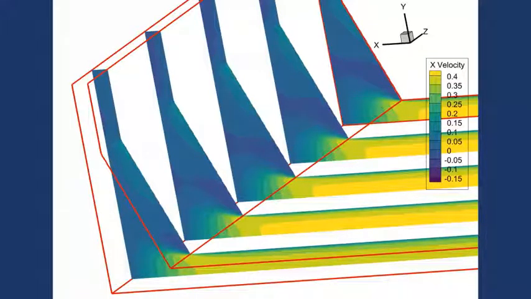So here we can see different cuts, different planes of the X velocity. We can see that these planes are mostly repeated. The plane closer to us is close to the wall, and the furthest one is in the middle, the symmetry plane.